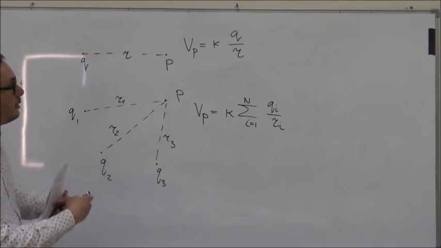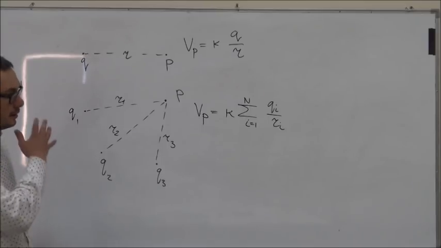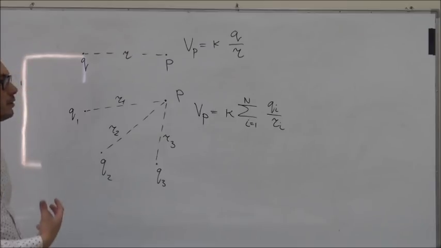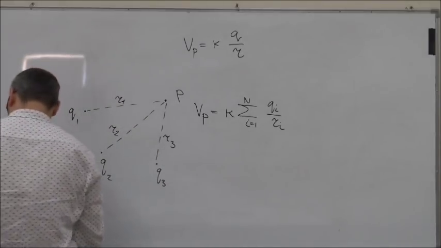Now, what if instead of a discrete number of charges that you can count, you have a continuous charge distribution? So let's draw a picture for a continuous charge distribution that looks like this.